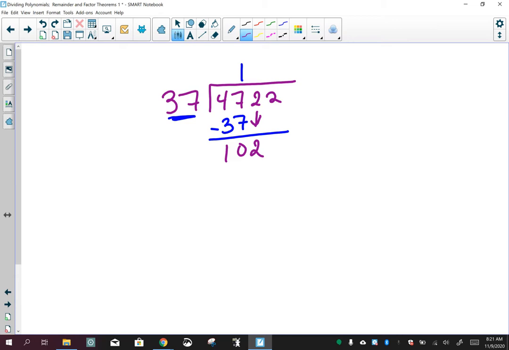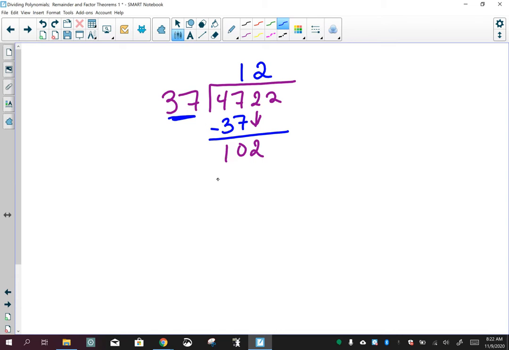Now 102 is bigger than 37, so we do it again. How many times does 37 go into 102? Well, we know that 37 times 1 is 37, 37 times 2 is 74, 37 times 3 is 111. So it can't be 3, so it has to be 2. So 2 times 37 is 74.